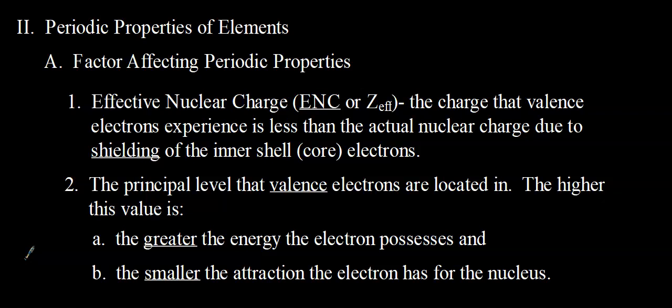Again, this is not due to just shielding, but sheer distance from the nucleus. As distance from the nucleus increases, the attraction between the nucleus and the valence electrons decreases. Now, this is known as Coulomb's law, which shows the factors that affect attractive forces. We'll talk more about that later on.